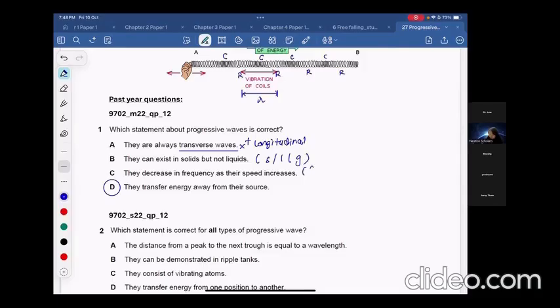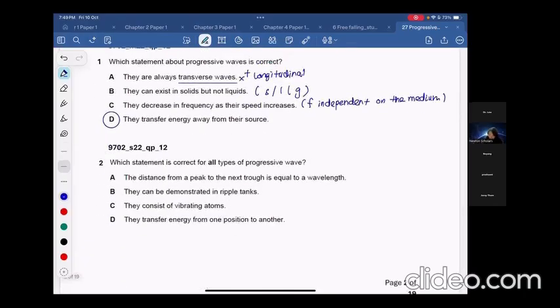No, frequency is independent of the medium. So it doesn't affect frequency, it should be unchanged. So the answer is D. Okay, what is a progressive wave? It travels and transfers energy away from its source. That's why the wave moves from left hand side to the right hand side.